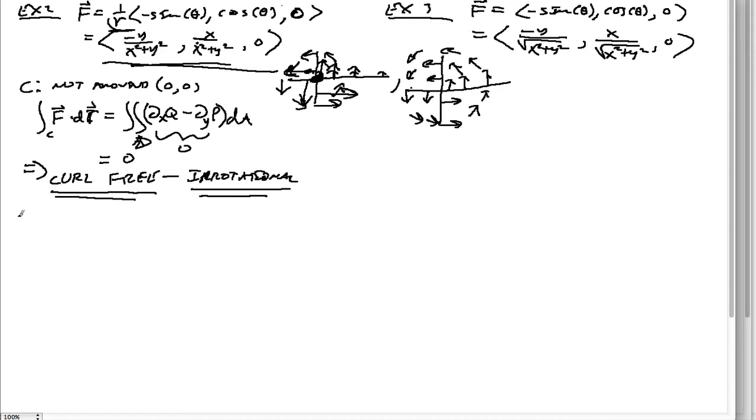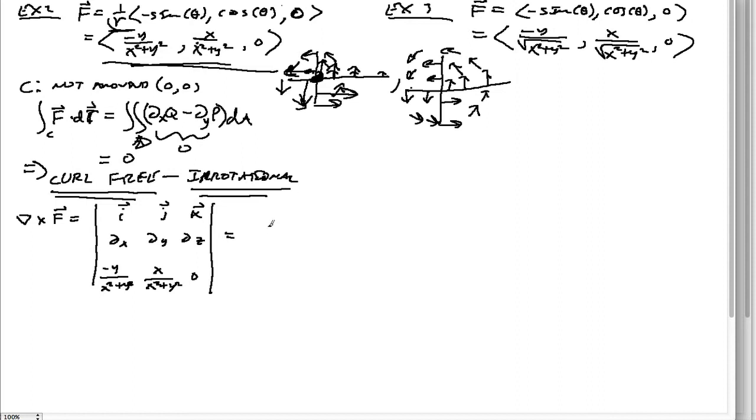Okay. So we're going to write down our curl, and it's going to be i, j, k, partial x, partial y, partial z, and then negative y over x squared plus y squared, x over x squared plus y squared, 0. All right, so we find out quickly enough, and I'll skip through some of the parts here, that the first two components are indeed 0.